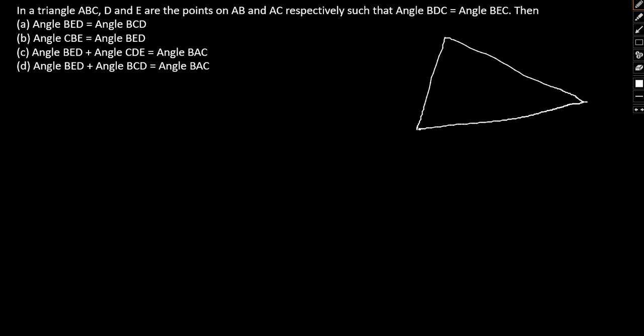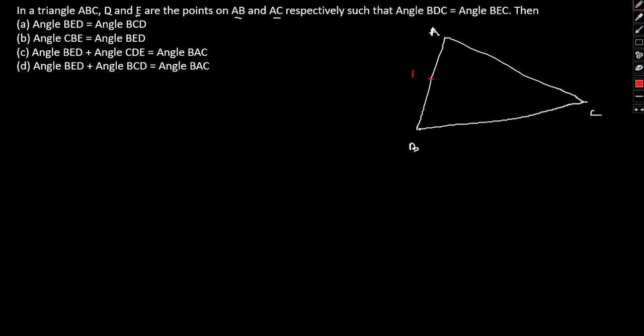This is a triangle, so let the vertices be A, B, C. D and E are points on AB and AC respectively.